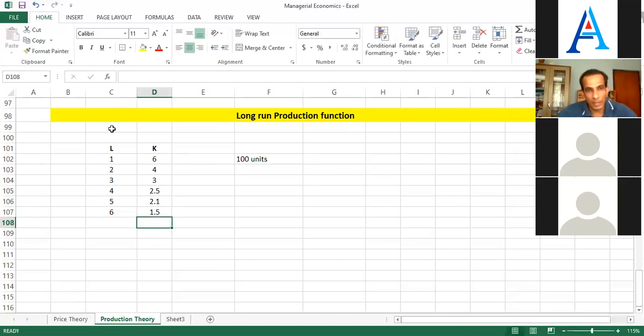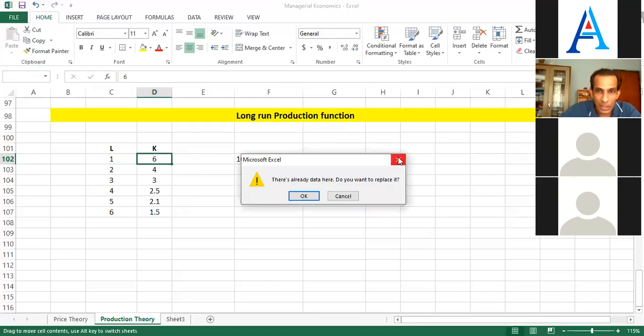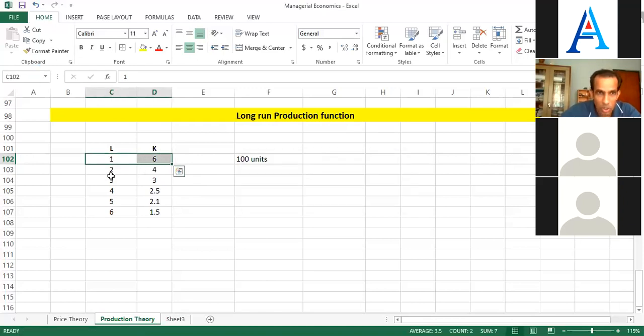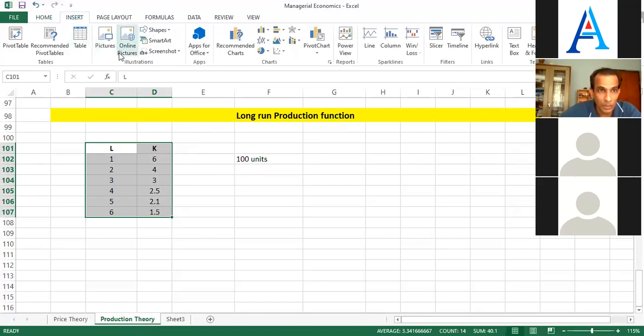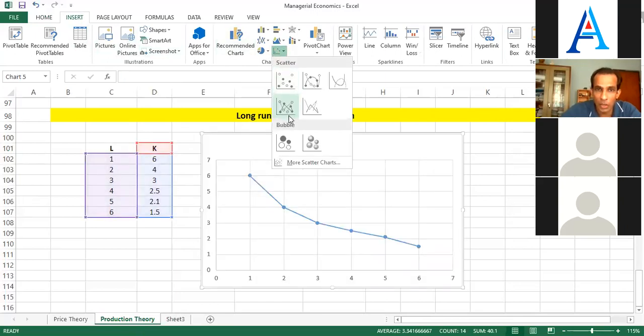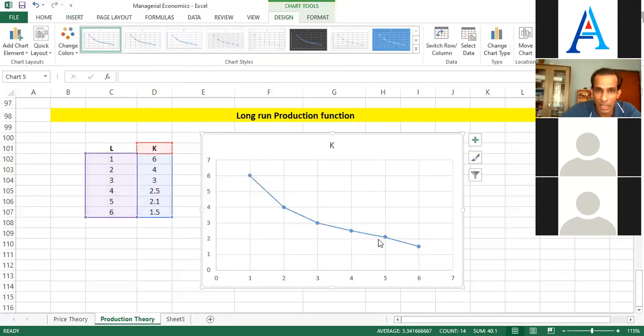Now all these points represent something important. What is that? These are different combinations of inputs that produce 100 units. That means if we draw a graph using this information, we will get a graph like this.